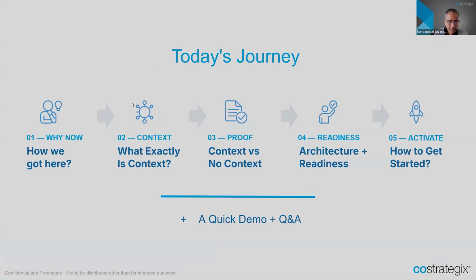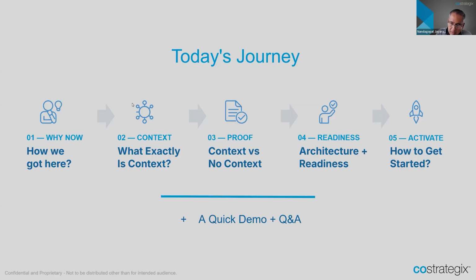And today we'll look at why context has become so important suddenly. Then we'll define what enterprise context is, and also look at a demonstration with the context turned on. How does a query behave? And then with the context turned off, how does the query behave?